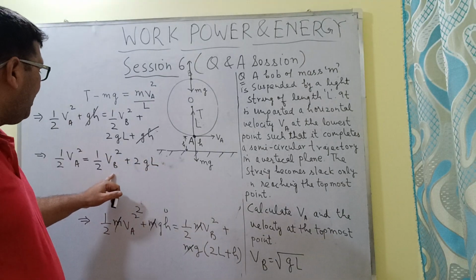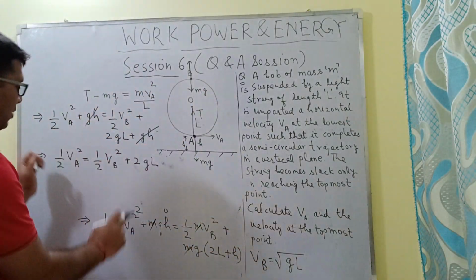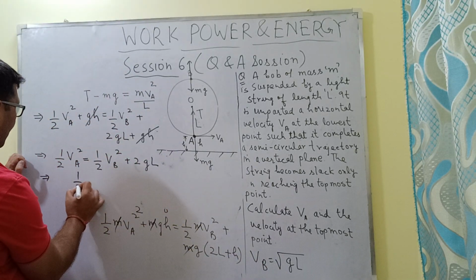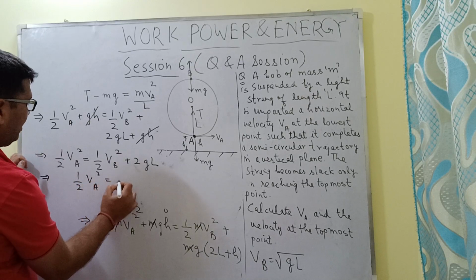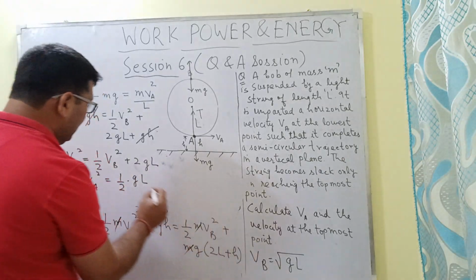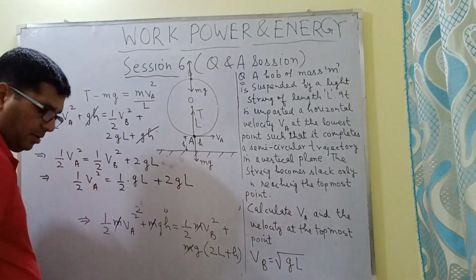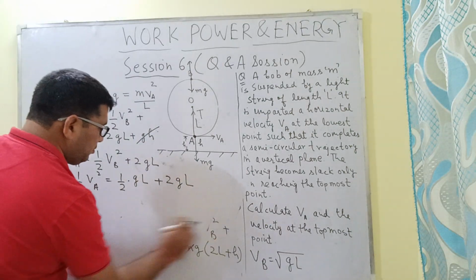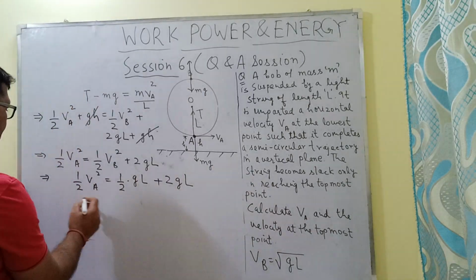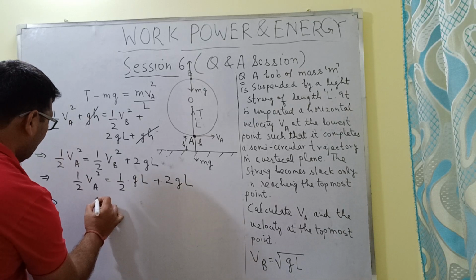Now we have found the velocity at the topmost point, which was equal to under root gL. So I will be substituting this value in this equation. It implies that half VA square is equal to half gL, since VB square is equal to gL, plus 2gL. So from here I will be getting the value of VA.